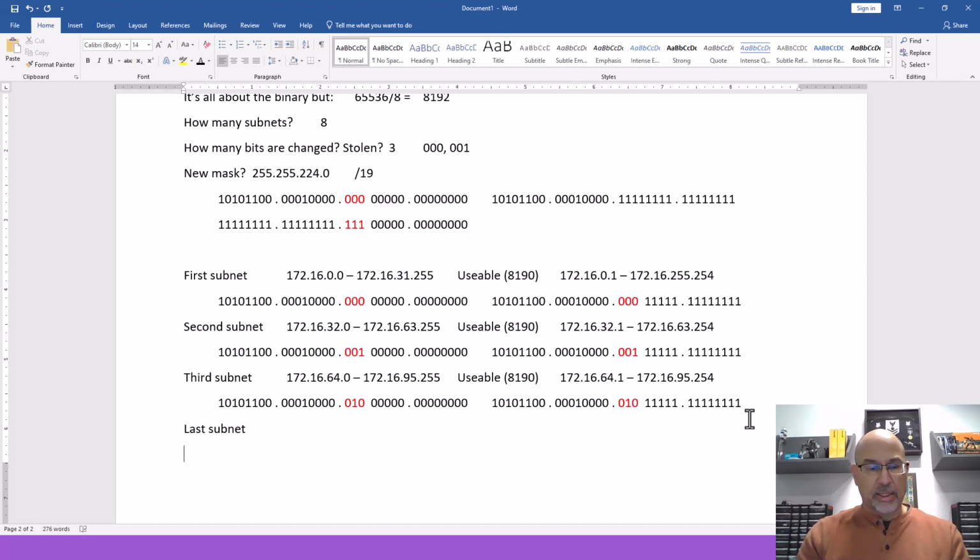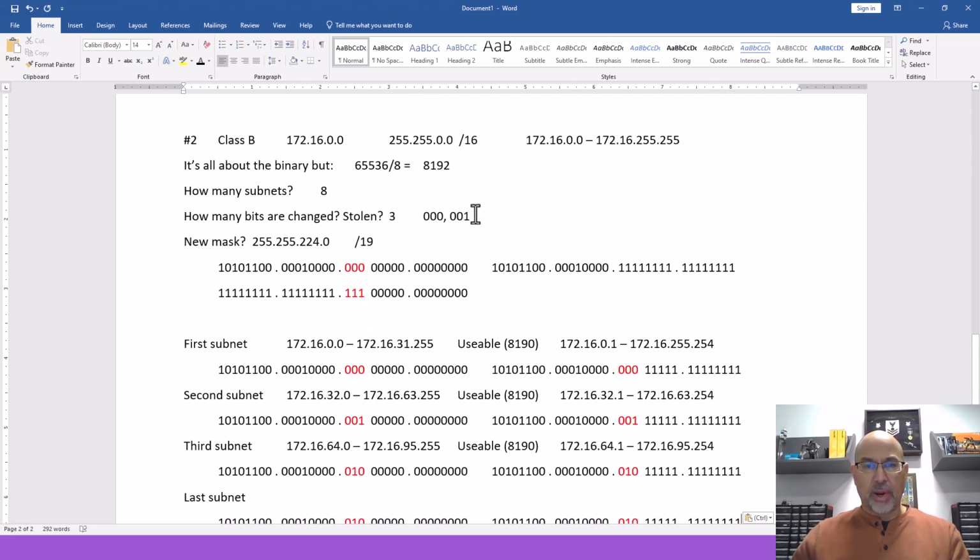We know that the last subnet is going to have a couple of things. We know that the last subnet, if we're looking at our binary patterns, and we'll just fill them in here. Like that. We know that our last subnet, the 8th subnet, is going to have all ones in the subnet field.